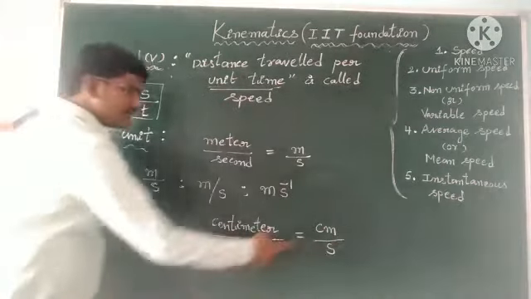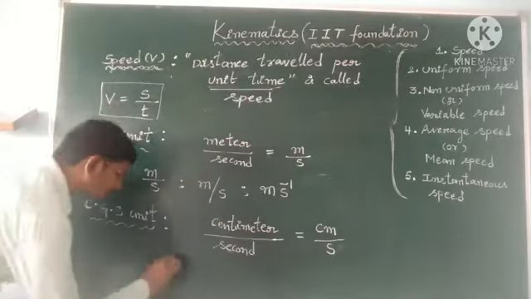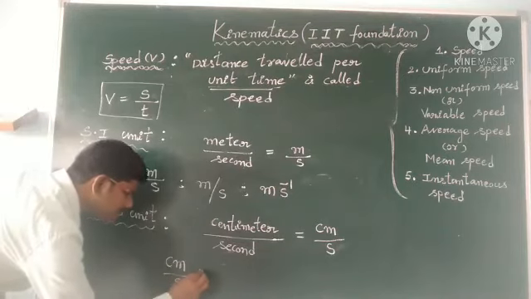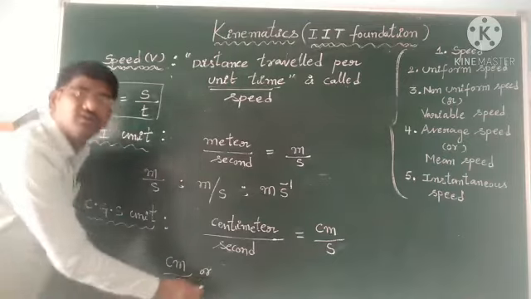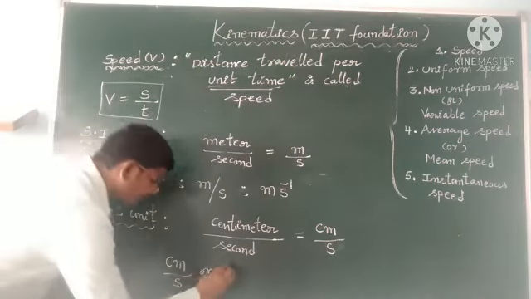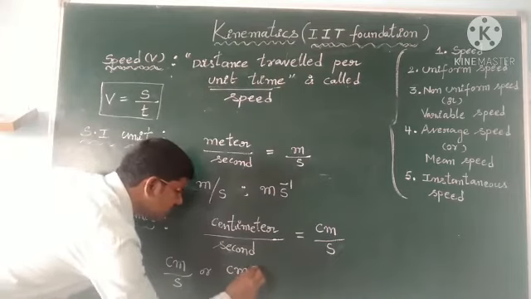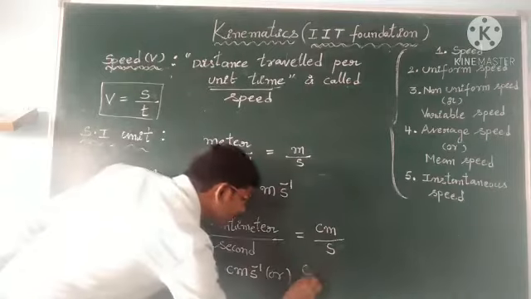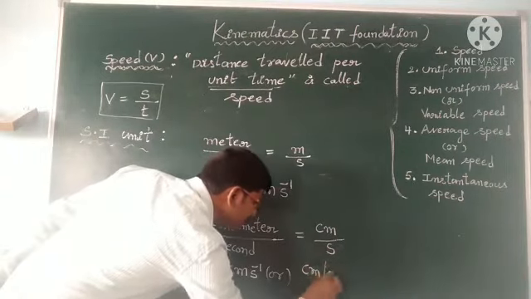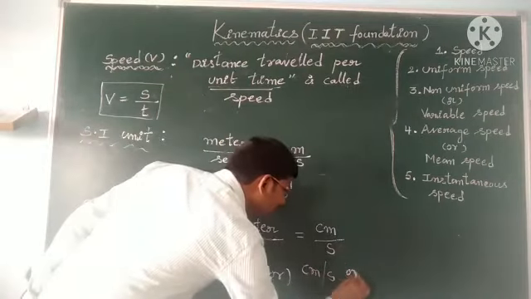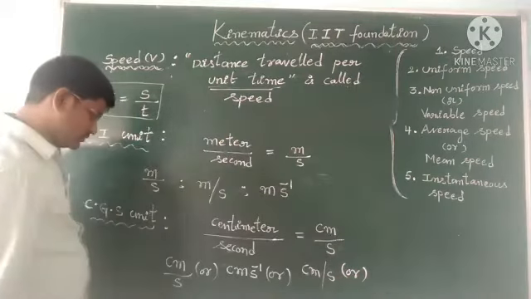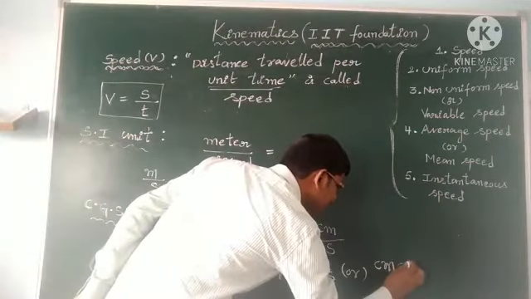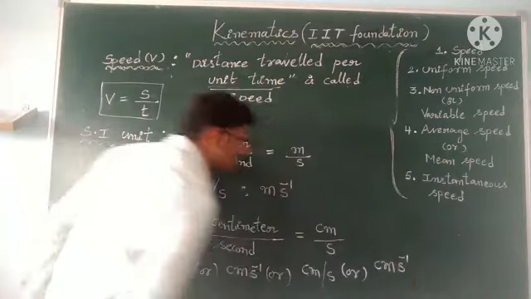So centimeters by second, or we can write that centimeter by second, or centimeter second power minus 1, or the same you can call centimeter per second, or the same thing you can read like this also, centimeter second inverse, that is second power minus 1.